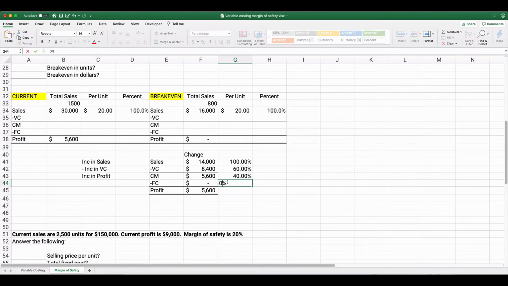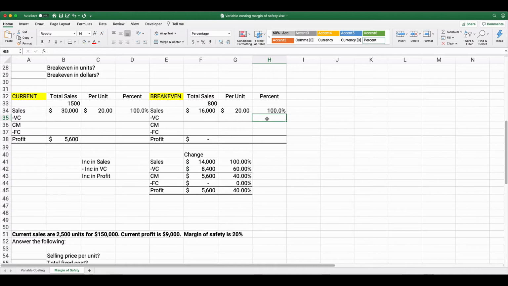There's 0 change going on here, and the 5,600 divided by the 14,000 is that 40%. Now we're assuming that fixed cost does not change. That's the definition of fixed cost. The definition of fixed cost is the total cost that stays the same.